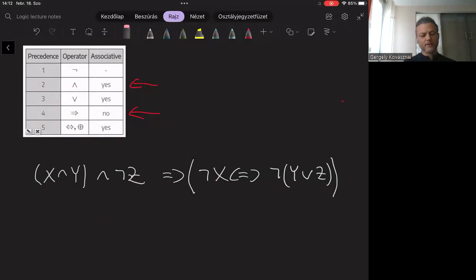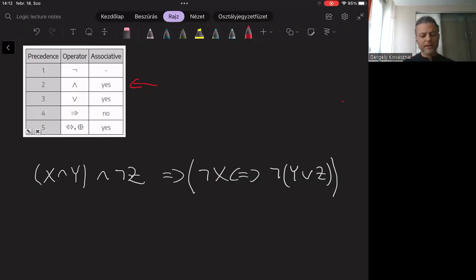Okay, so now let's see, what about this part of the formula? Can we eliminate those parentheses? Well, if you look at the table again, you can see that conjunction is associative.